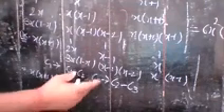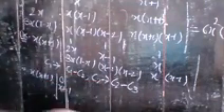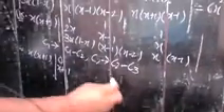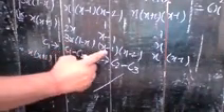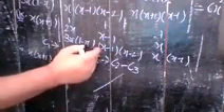So how are you getting this? Let me do some rough work here. Suppose here you have 3x and 1 minus x, and here you have x minus 1 and x minus 2.